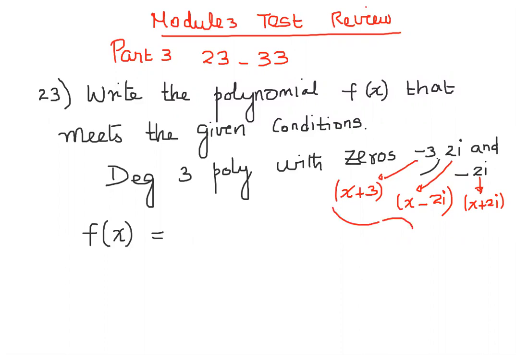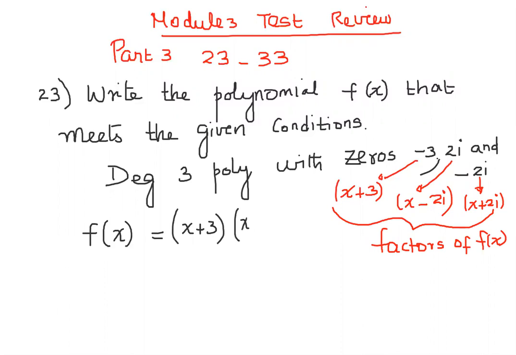So all three are factors of f of x. So how do we find f of x? We have to multiply all the three factors. That means x plus 3 times x minus 2i times x plus 2i.